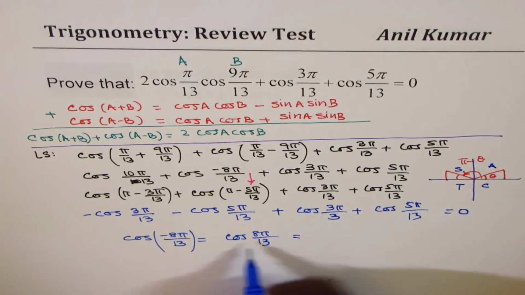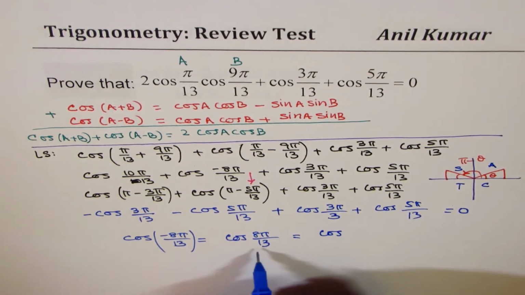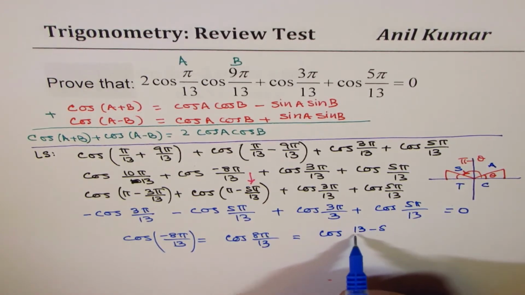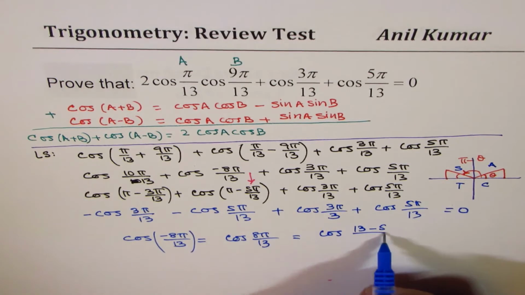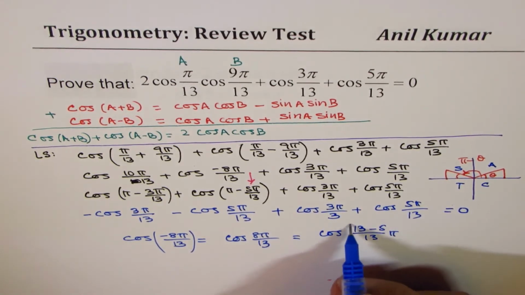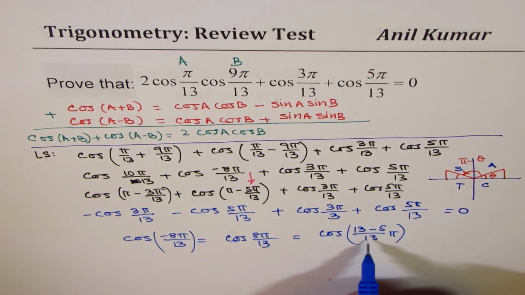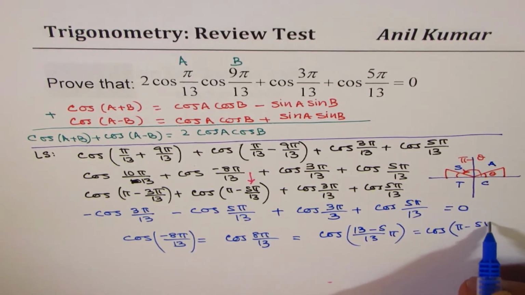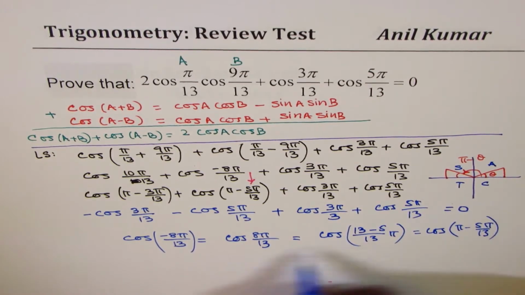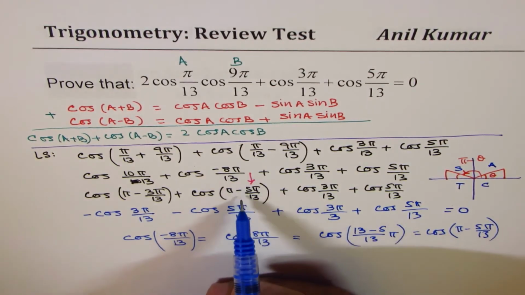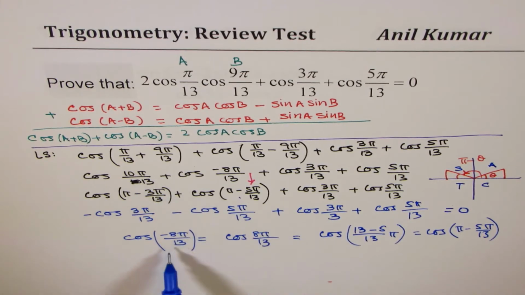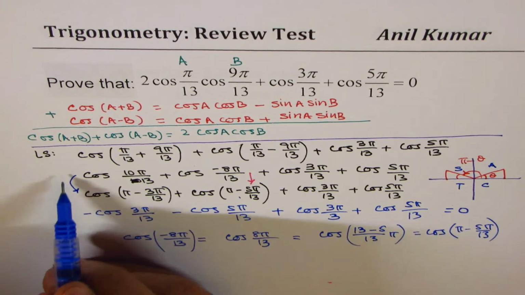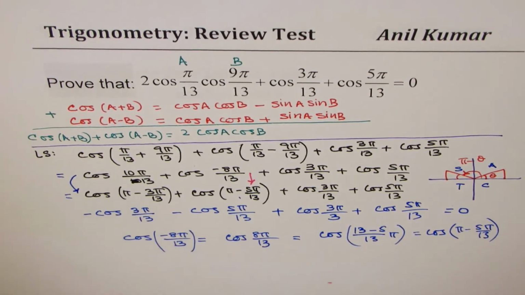Now 8 pi could be written as 13 minus 5 over 13 pi. Do you see that? Now 13 over 13 is 1, and so we got this as cos of pi minus 5 pi by 13. So these were the steps involved when I moved from this stage to that. Similarly, you could think along similar lines as you move from here to there. Is it okay? So that is how you should be doing it.